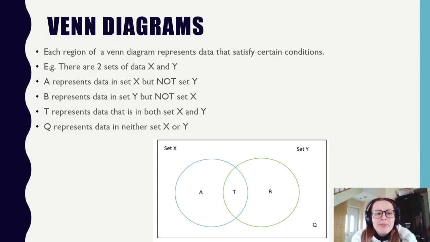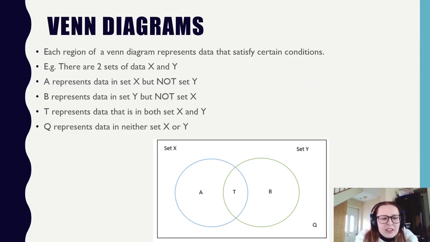Each region of a Venn diagram represents data that satisfy certain conditions. For instance, there are two sets of data, X and Y. A represents data that is in set X but not in set Y.